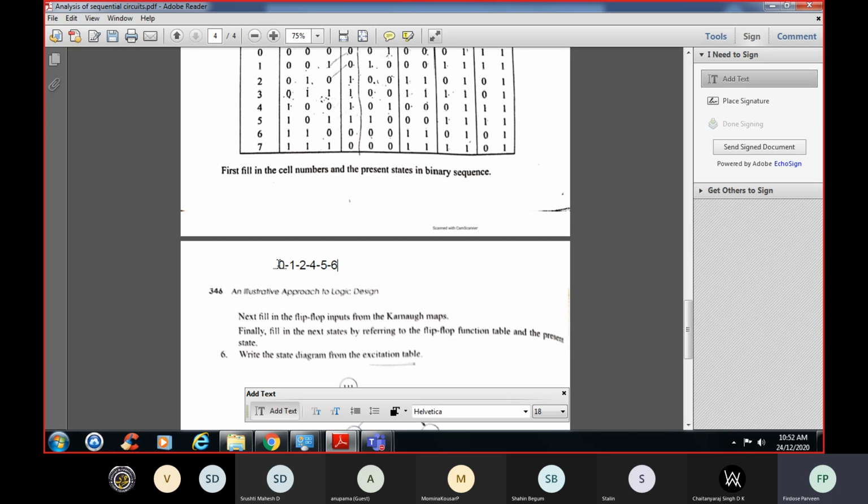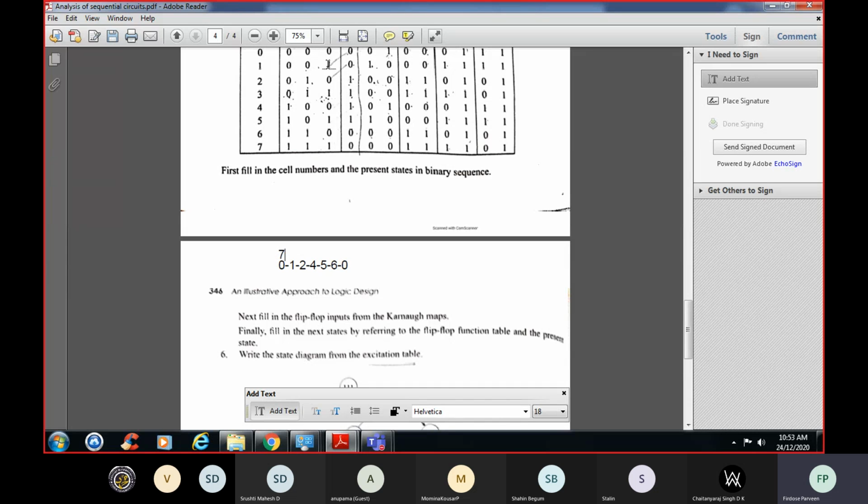When it is 6, back to 0. I'll write here above 0, again it is 7.